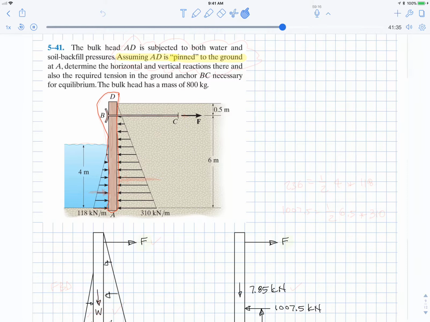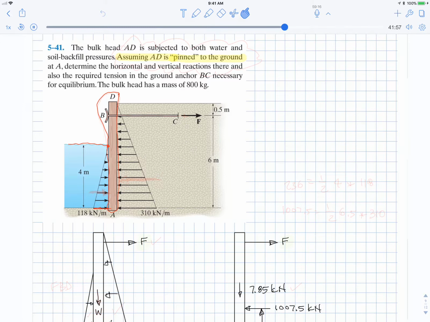So at the surface there's no depth, so it's zero. And at the very bottom, for example, 4 meters of water times the unit weight of water in newtons per cubic meter, it'll end up to 118 kilonewtons per meter pressure this way.